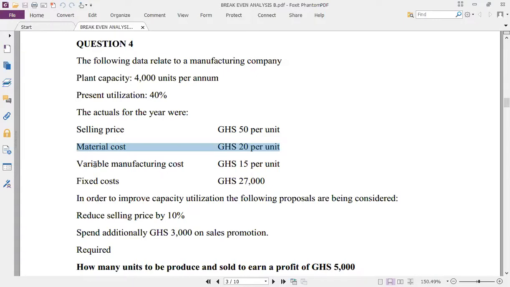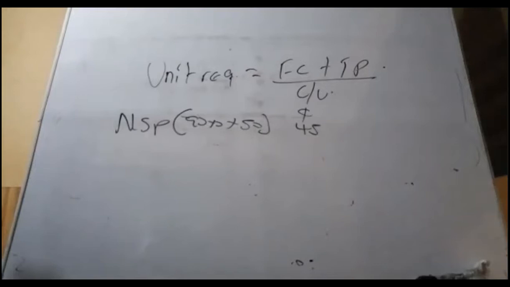And variable manufacturing cost. The issue is that most people selected the 15 as the variable cost without adding the material, right? Material should be part of the variable cost. So what happened is this.